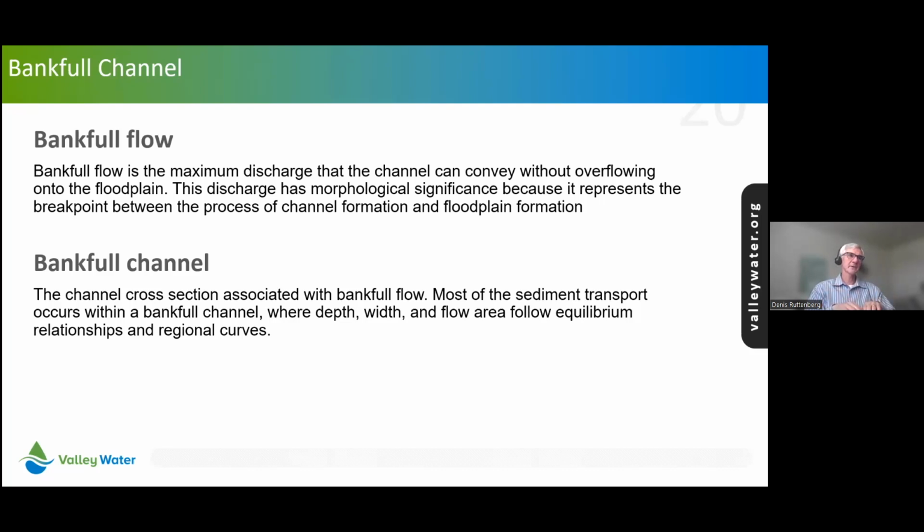Once flow gets beyond that, the bankfull channel becomes a floodplain flow. With a bankfull channel, you have a dynamic equilibrium of depth, width, and flow area. And I'm going to show you some regional curves and relationships on how to identify that.